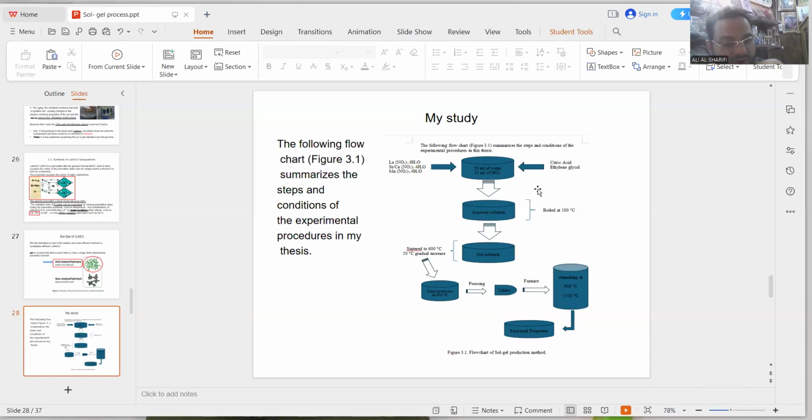That means the final product was like a carbon powder. Before pressing, there was a crushing process to be sure I was dealing with a homogeneous powder. Then pressing to produce tablets.